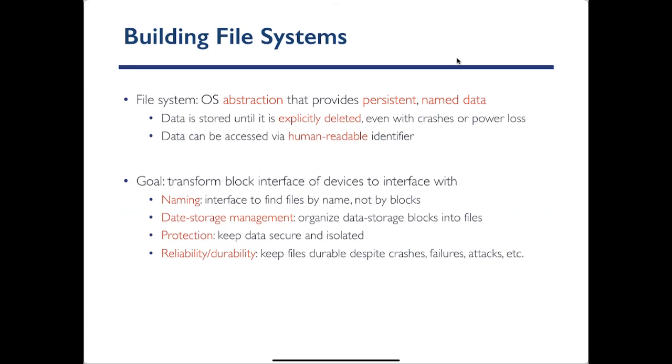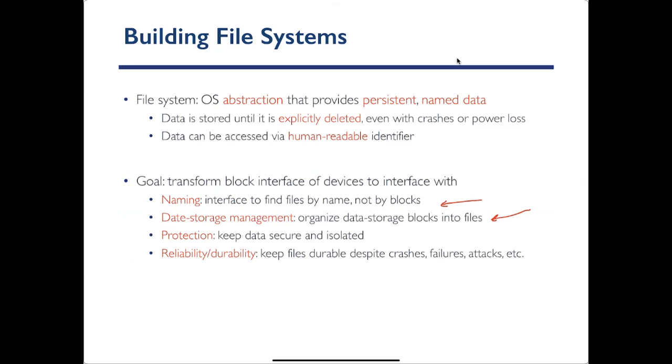They want to say go to dev and then to this folder, that folder, and then give me this foo.text or foo.a or whatever. So for that, our interface needs to use names. It has to have naming. It has to be able to organize our files in data storage blocks.